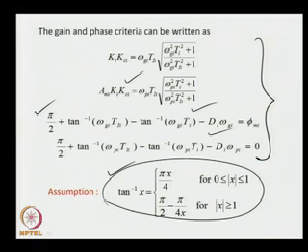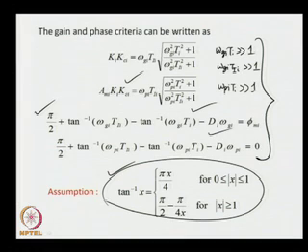For that, let us assume that omega gi ti is very large compared to 1, omega gi tii is very large compared to 1, omega pi ti is very large than 1, and finally, omega pi tii is large compared to 1.